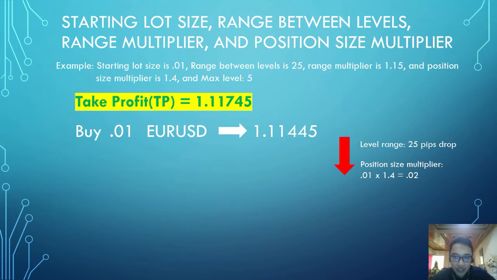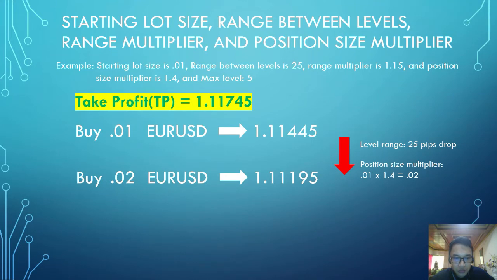Since the level range we set is 25, it will place another order when the current price drops by 25 pips. The position size multiplier is 1.4, so 0.01 times 1.4 is equal to 0.02. The next order will be buy 0.02 EUR/USD at a price of 1.1195, which is 25 pips lower than the previous one.